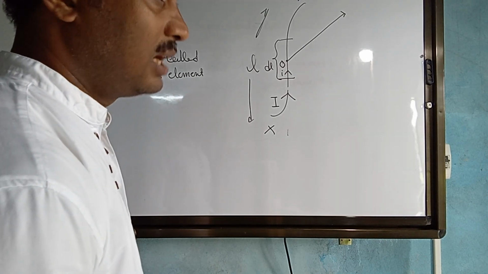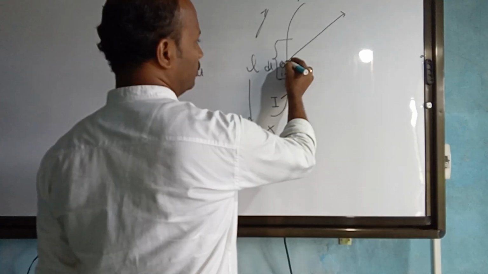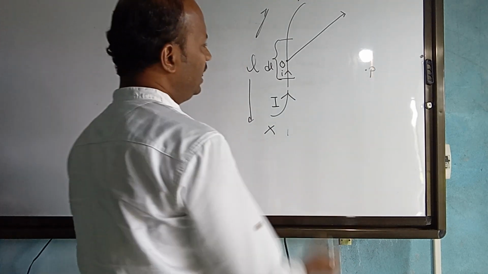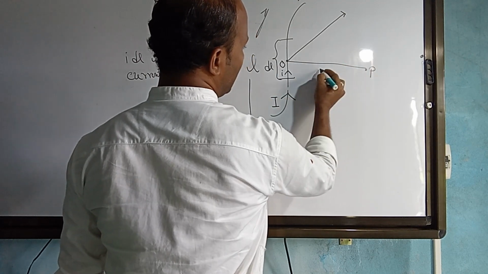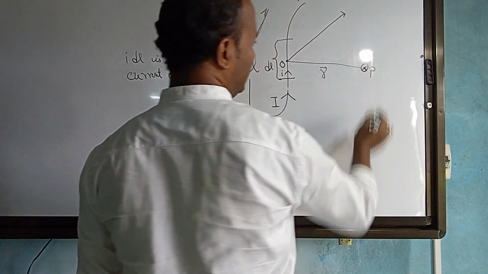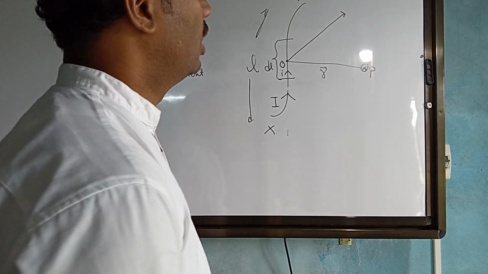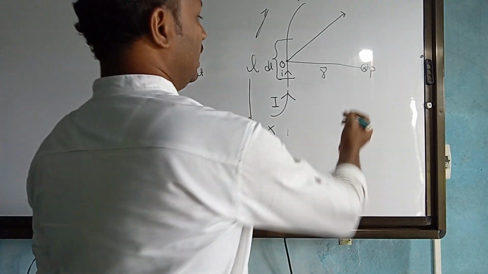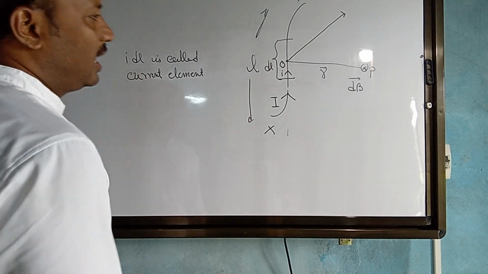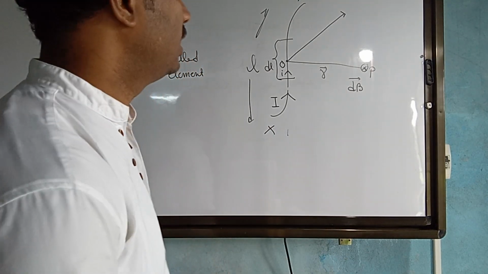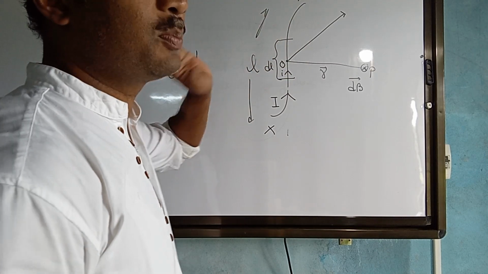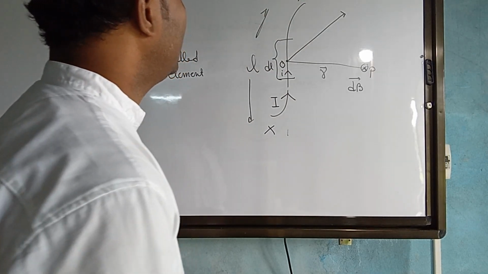Okay. Now let us assume P be any point at a distance r from O. So we have to find out the magnetic field at the point P. There will be an angle formed.